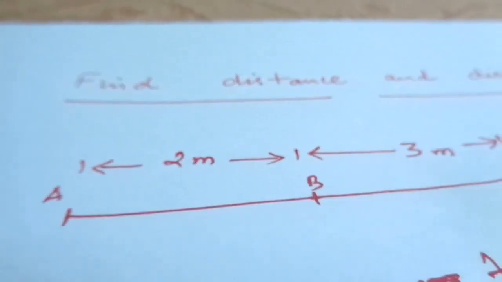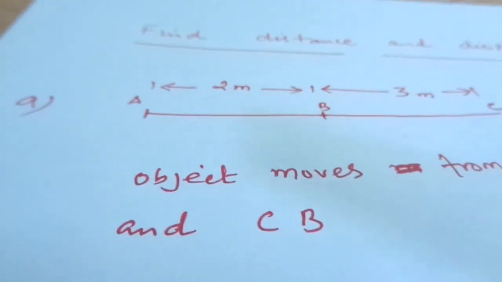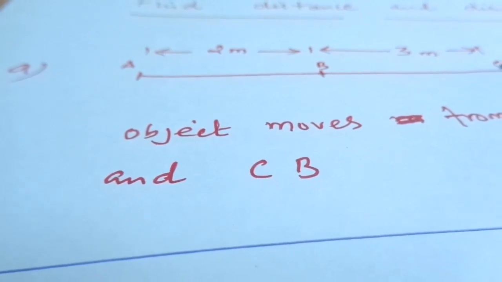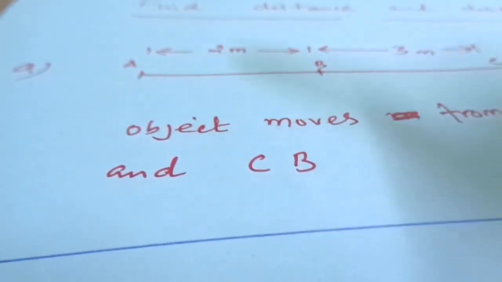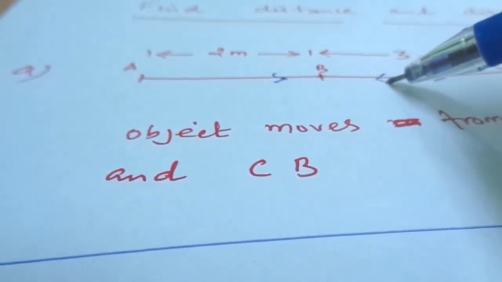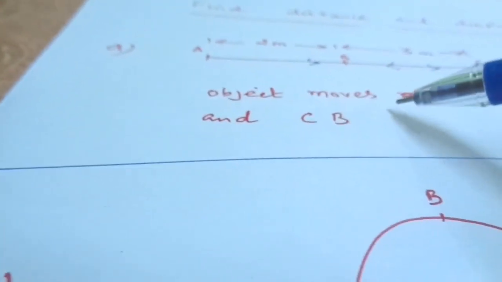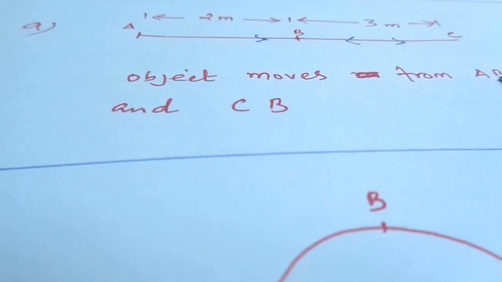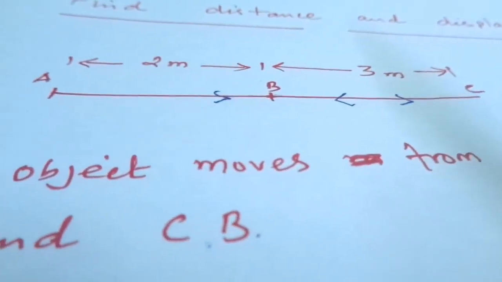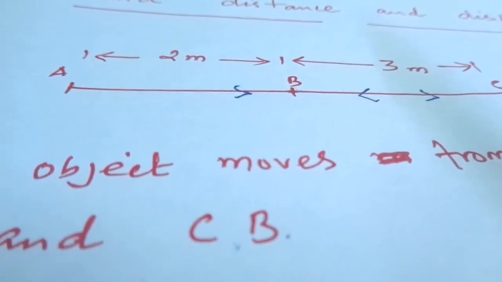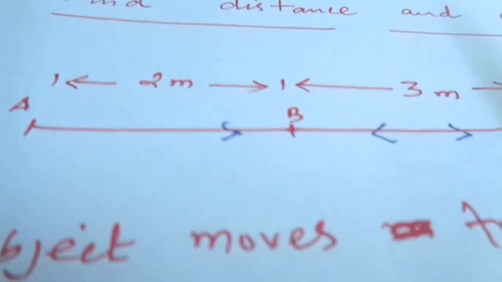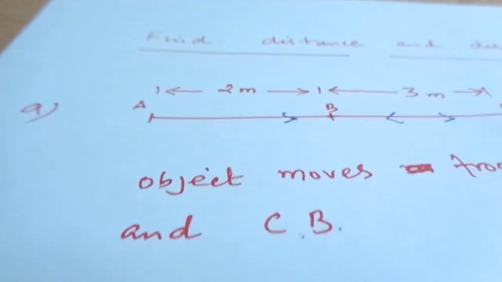Let us consider a particle moving from A to B and B to C, and again it returns back to B. From A to B, B to C, then C to B. In this movement they ask to find the value of distance and displacement. First, find the distance.